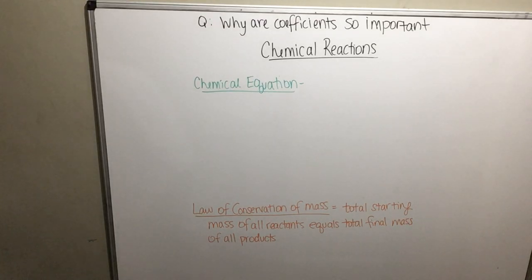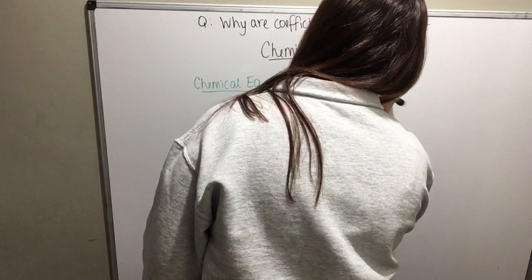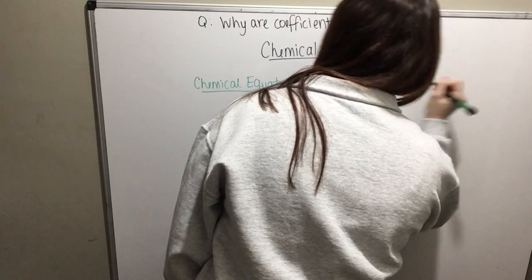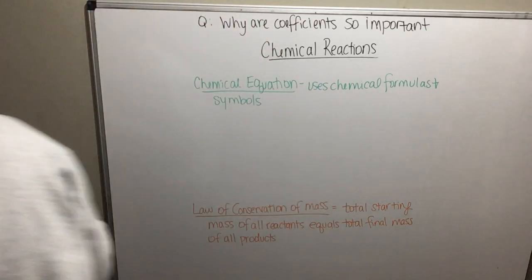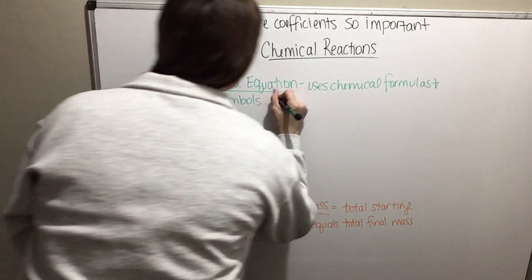A chemical equation uses chemical formulas and symbols to describe a chemical reaction.